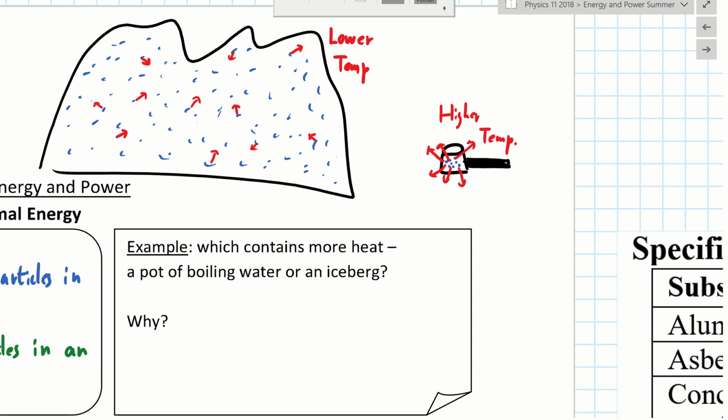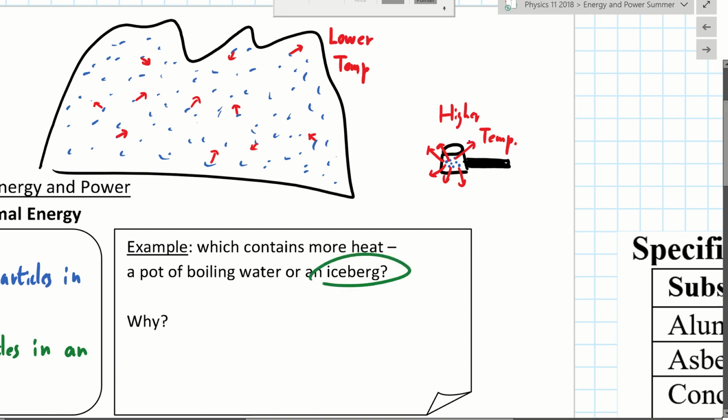So maybe in the pot of hot water, every single molecule has a speed that can beat every single molecule in the iceberg. But there are simply a lot more particles in the iceberg though. So maybe for the pot of hot water, every one of them has kinetic energy of 1000, and for the iceberg, every one only has a kinetic energy of 10. But then there are billions and billions of water molecules in the iceberg. So if you count the total, the iceberg still wins out.